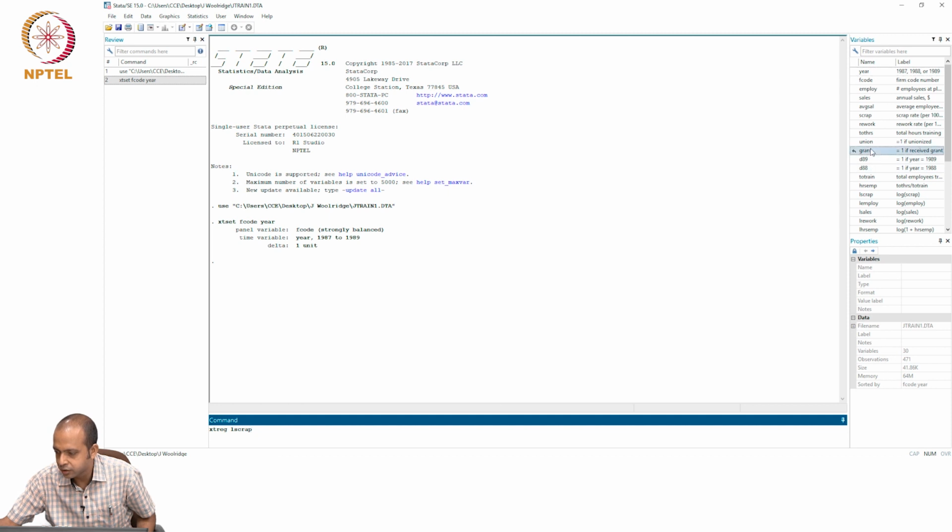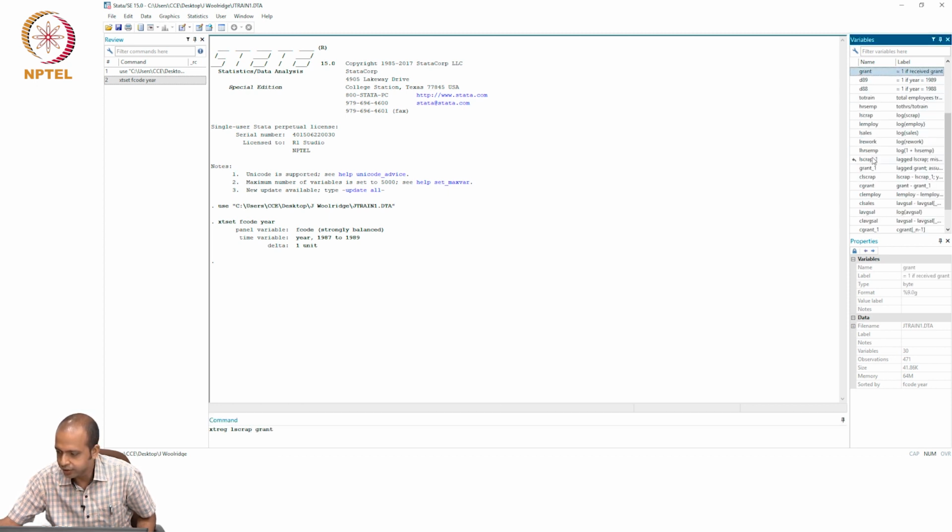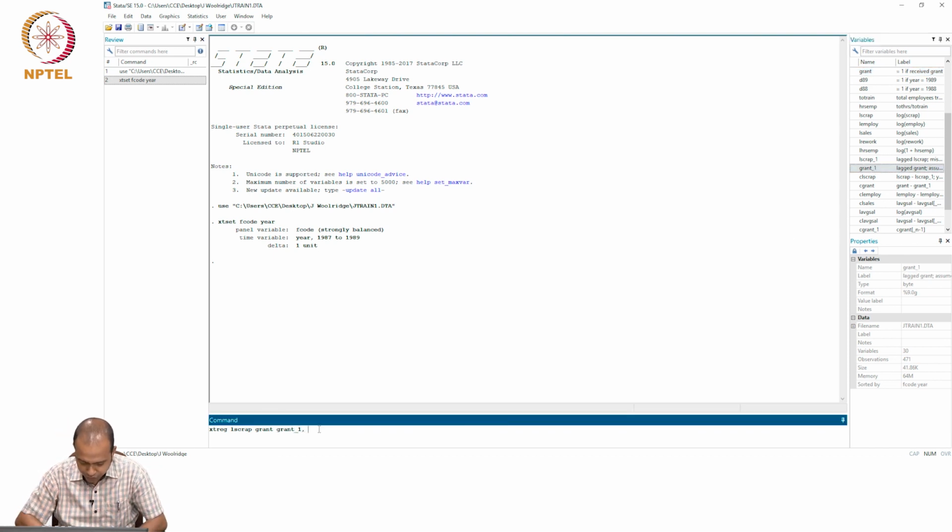Grant is here, and then grant, this is this, and then you have to specify that this is a fixed effect model. How will you specify? You have to put one comma and then FE. FE is for fixed effect. Okay, this is how we need to explain.